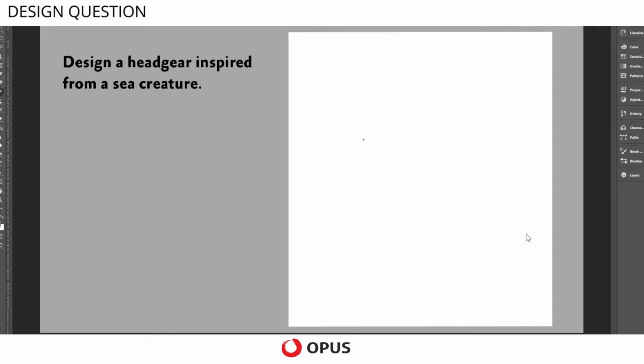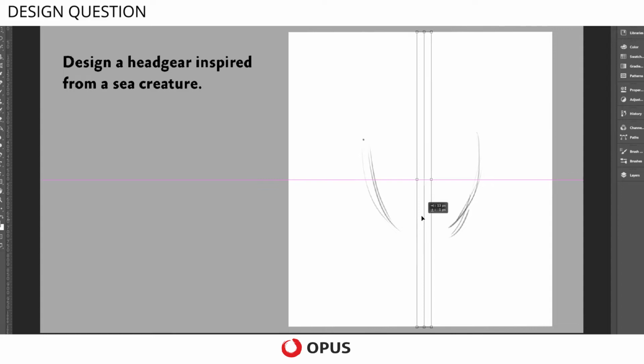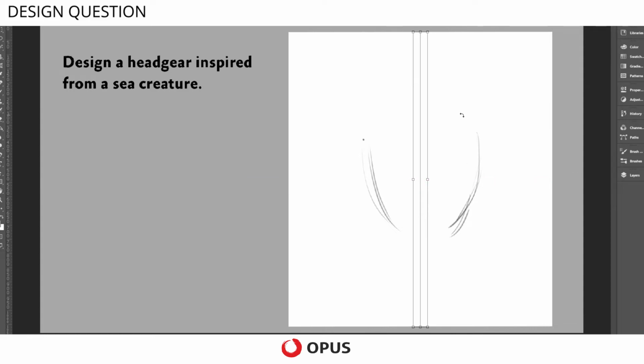Here we are going to solve this question which states: design a headgear inspired from a sea creature. So first we will construct a head in just an outline form, which can help us create the right balance for the construction of whichever headgear we are trying to make.